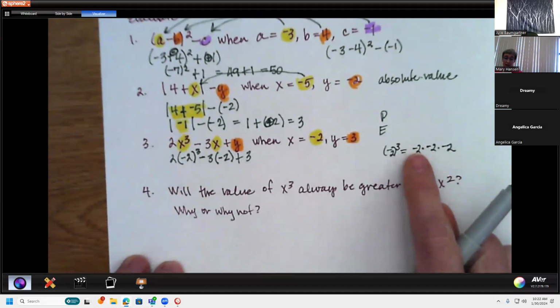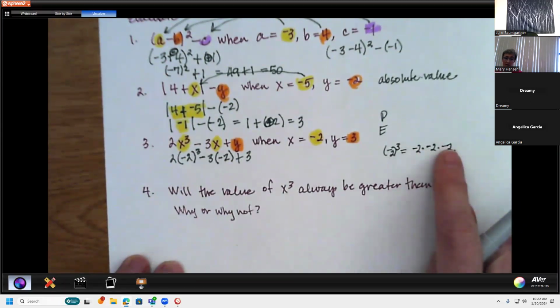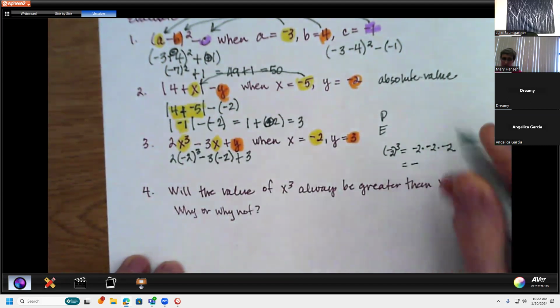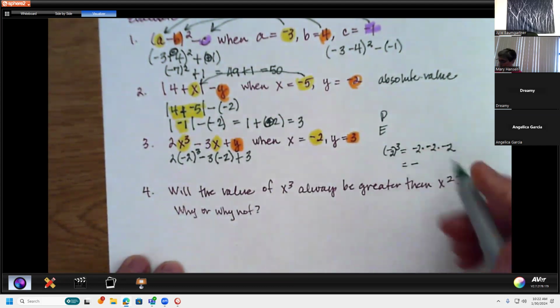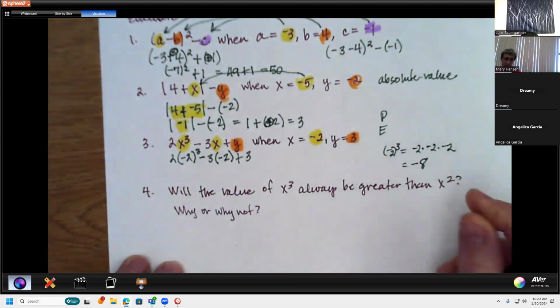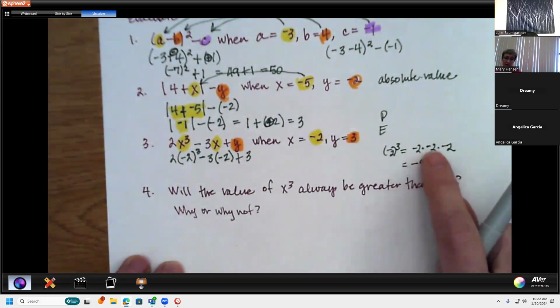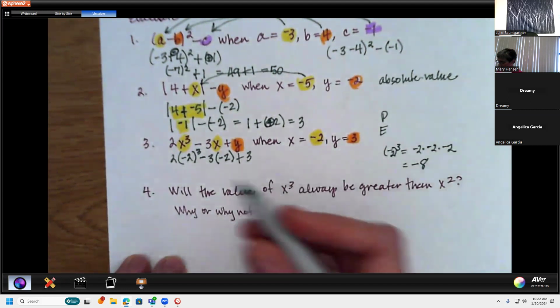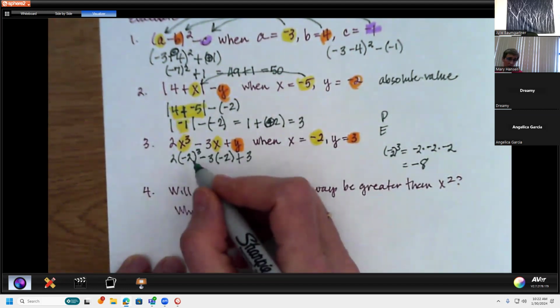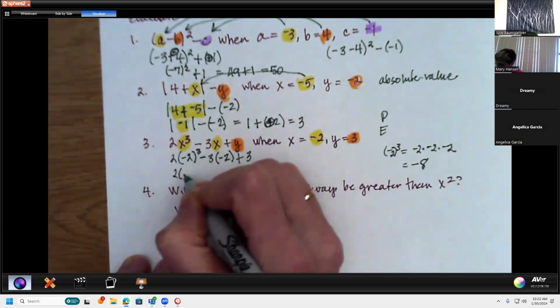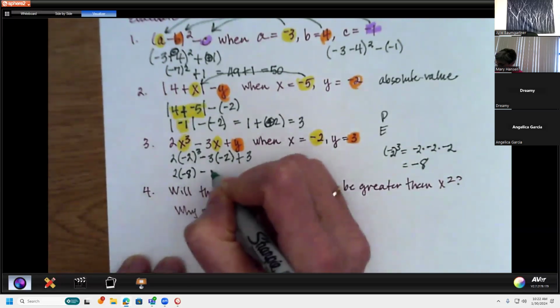One way to look at that answer is negative times a negative times a negative. There's an odd number of negatives, so my answer is going to be negative. And 2 times 2 times 2 is 8. Another way to look at that is -2 times -2 is +4, and +4 times -2 gets me to -8 also. So this -2 to the 3rd power becomes -8.